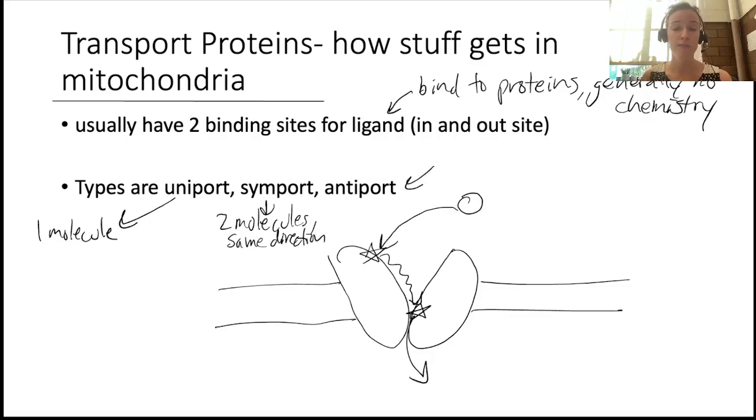And antiport is often the transport of two molecules in different directions, or I should say opposite directions. We'll see a few examples of this.